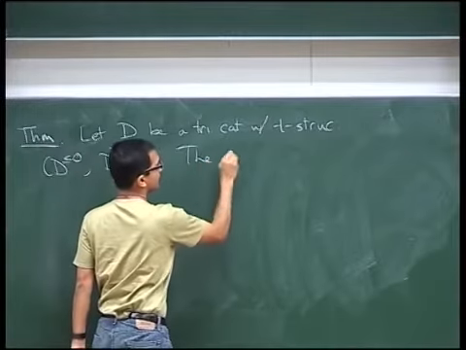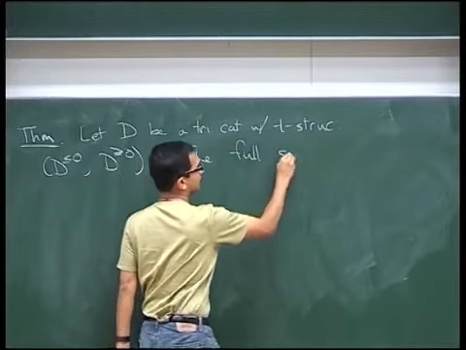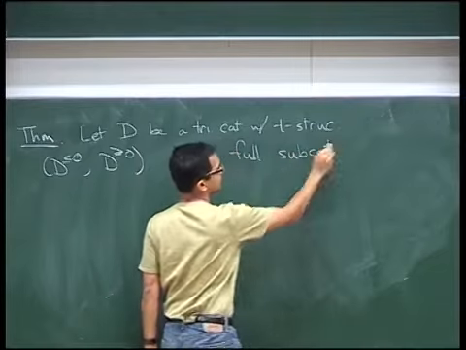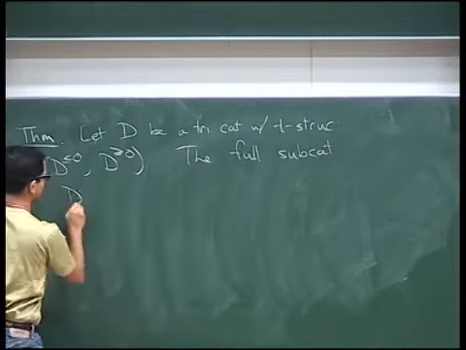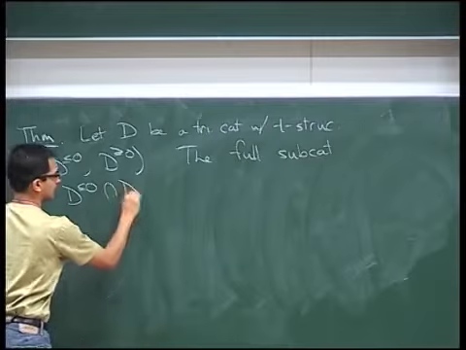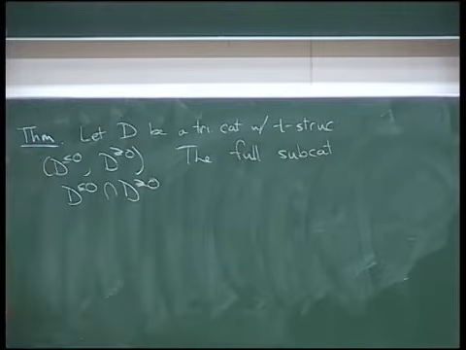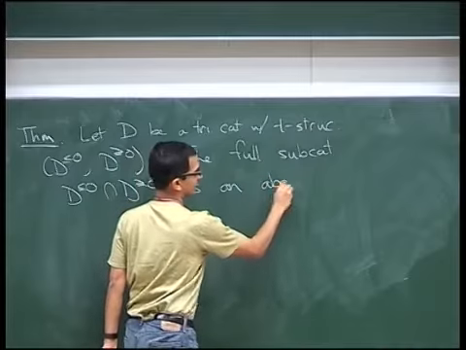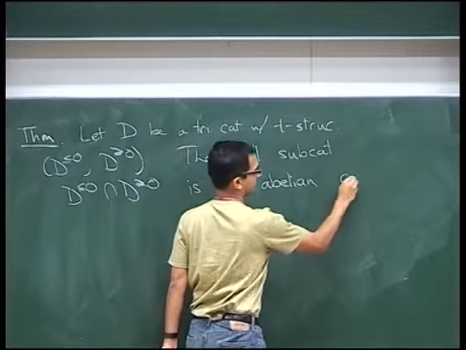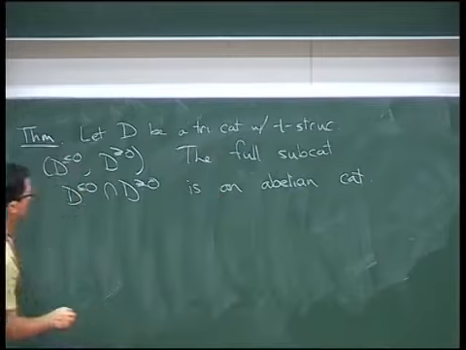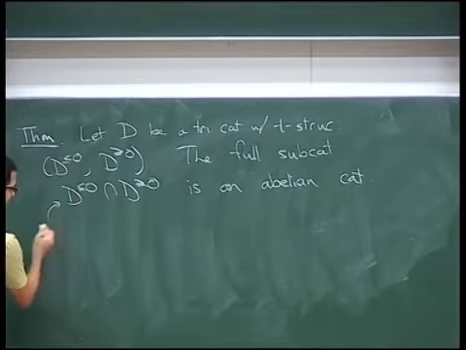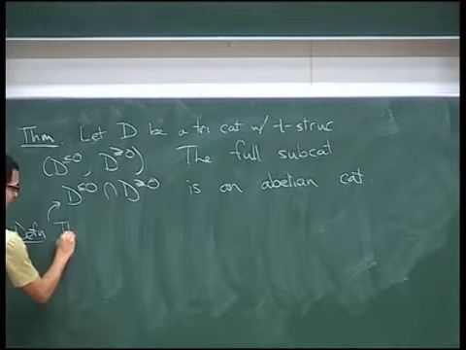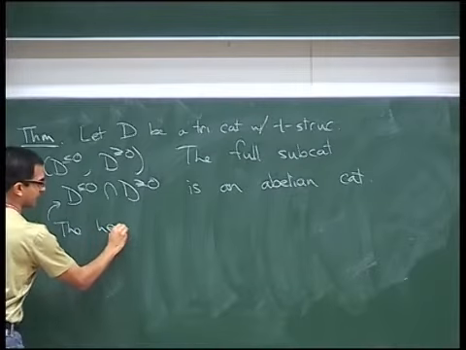Then the full subcategory, which is the intersection of those two, is an abelian subcategory. Okay, and this thing has a name. This is called the heart of the t-structure.